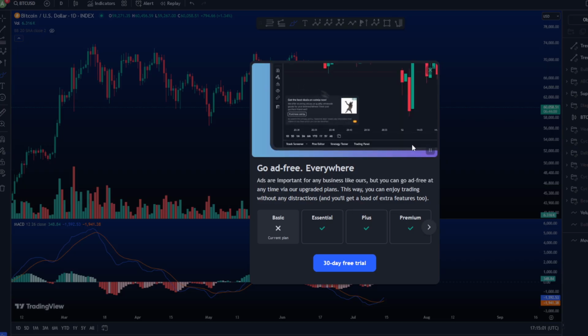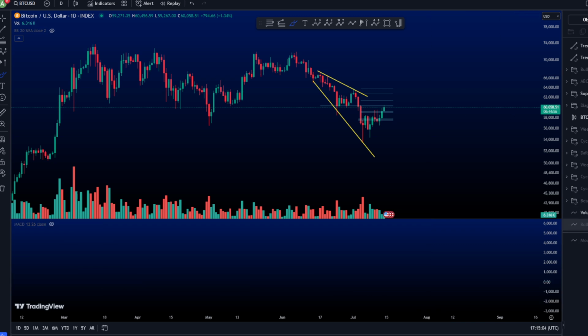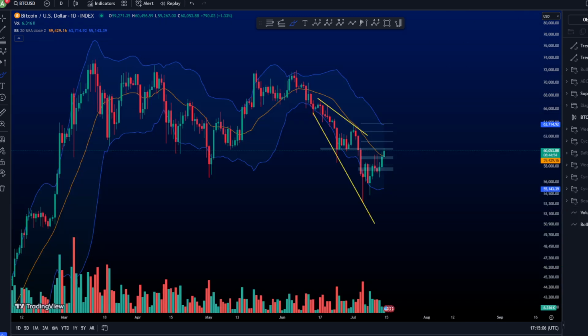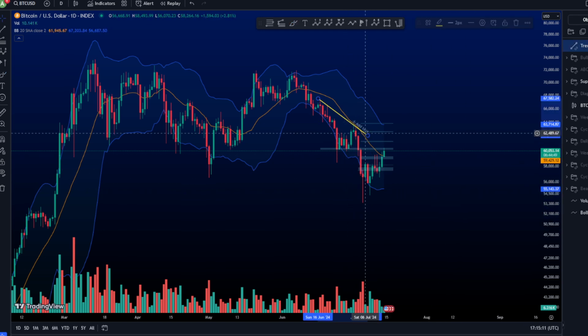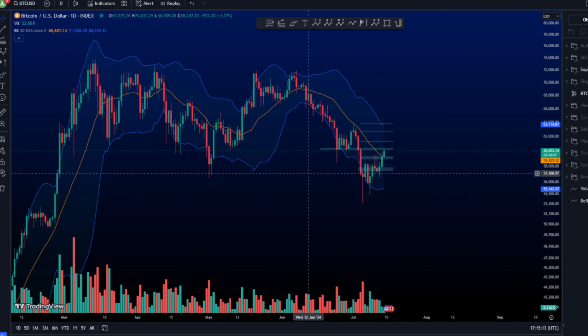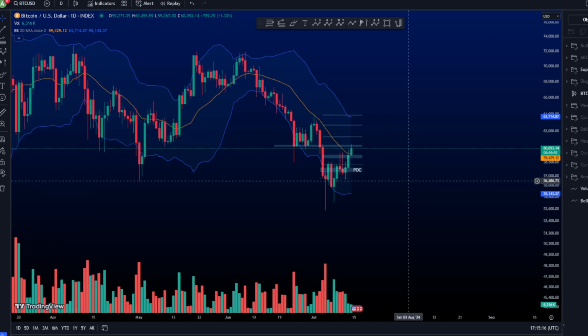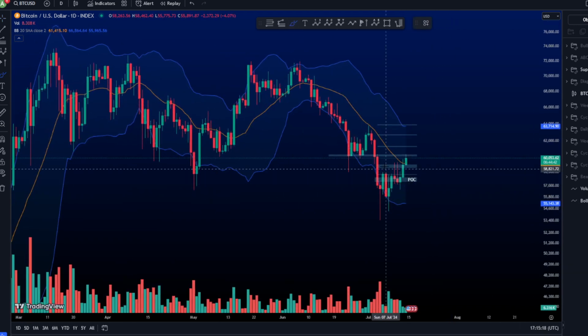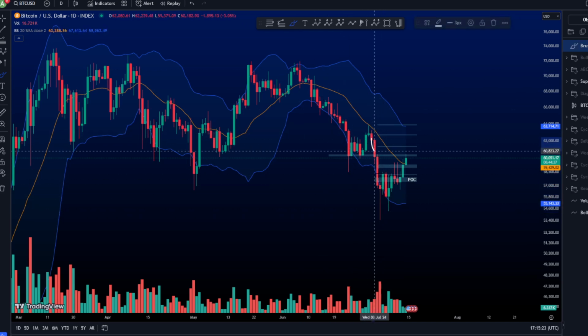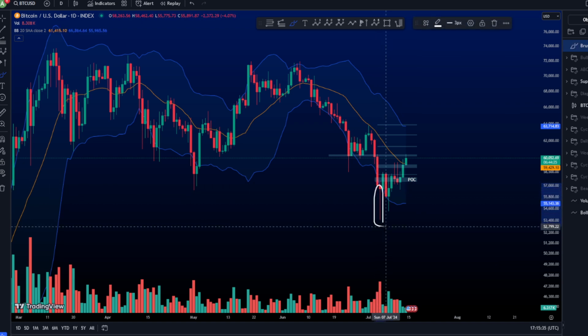Actually, let's move also to the Bollinger Bands. I'm going to use this to make it less complicated. On the Bollinger Bands, the indicator shows that this wave went very strongly outside of the band. When it goes very far outside, that means it has kind of found a bottom.